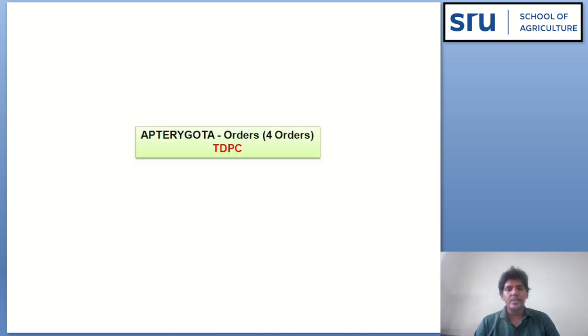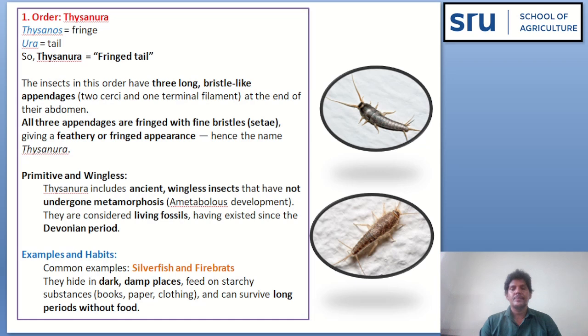Apterygota orders are 4, that is TDPC. T means Thysanura. Thysan means fringe, ura means tail. Fringe-tailed insects. Example is silverfish and firebrats. The insects in this order have three long, see one, two, three long bristle-like appendages at the end of the abdomen.